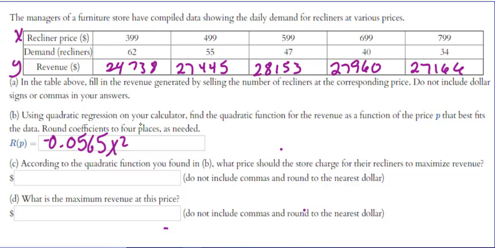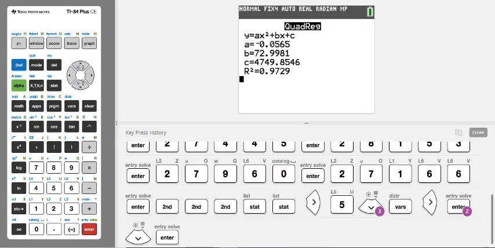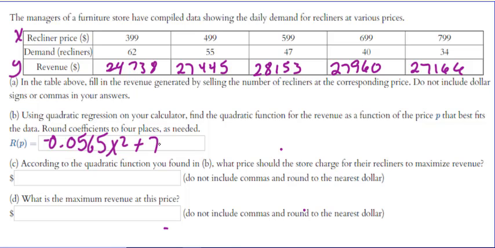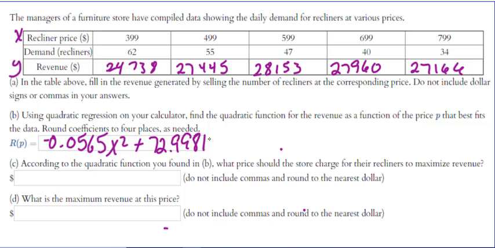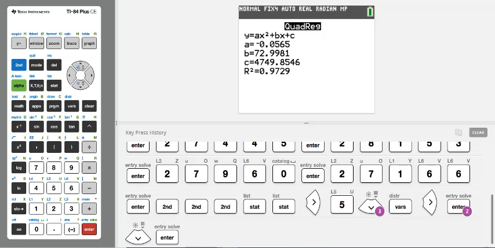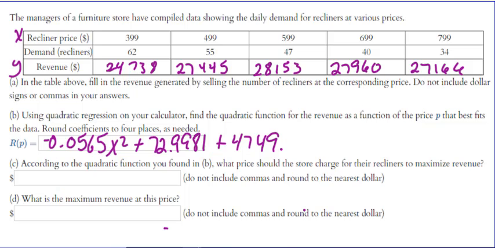Make sure you're at 4 places on that. Then 72.9981, and 47.8546 is your constant. So that's the equation.